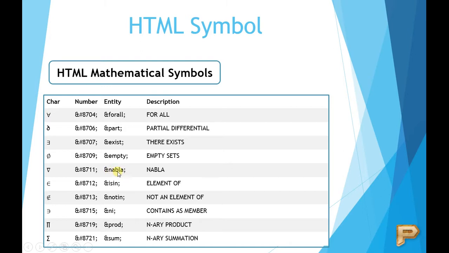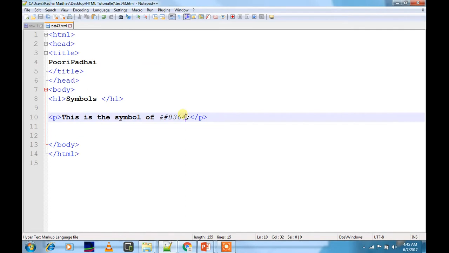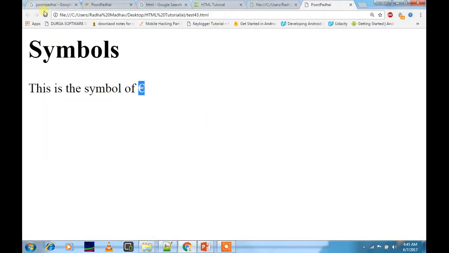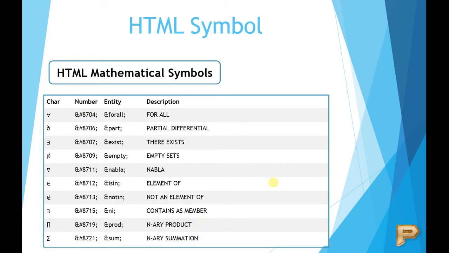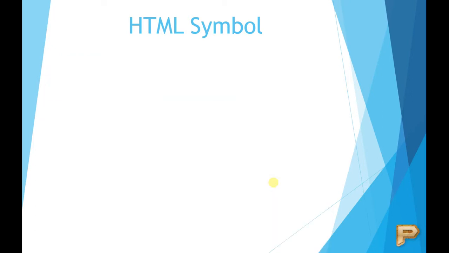We have to type nabla in the Notepad++. So we'll type NABLA and Ctrl+S. We'll go back to Chrome, reload it, and here you can see the nabla symbol. You can also give the nabla entity number 8711, or in the same way you can do for others.